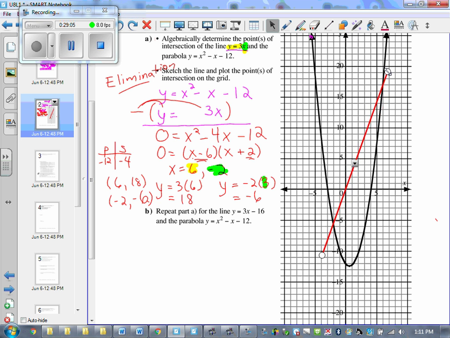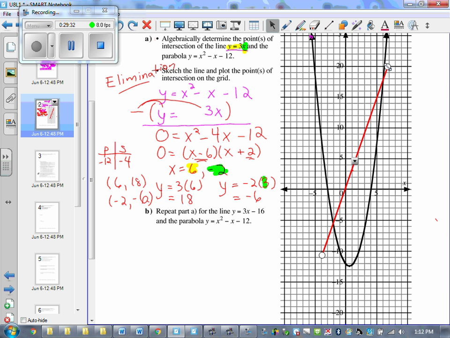These are going by 1. Okay. So here's 6 and 18. Kind of. So that would be what our graph should look like. So far, so good?